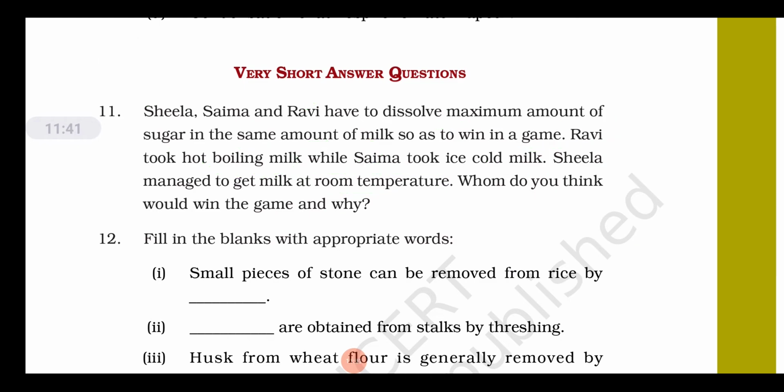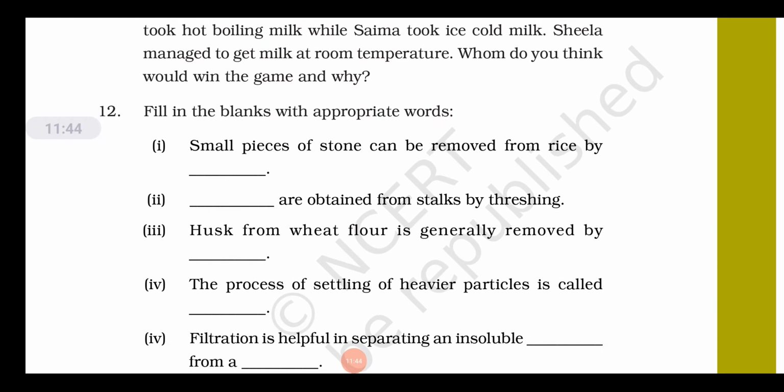Okay, so now question number 12. Fill in the blanks with appropriate words. Small pieces of stone can be removed from rice by hand picking. Okay. Now next is dash are obtained from stalks by threshing. So its answer is grains are obtained.